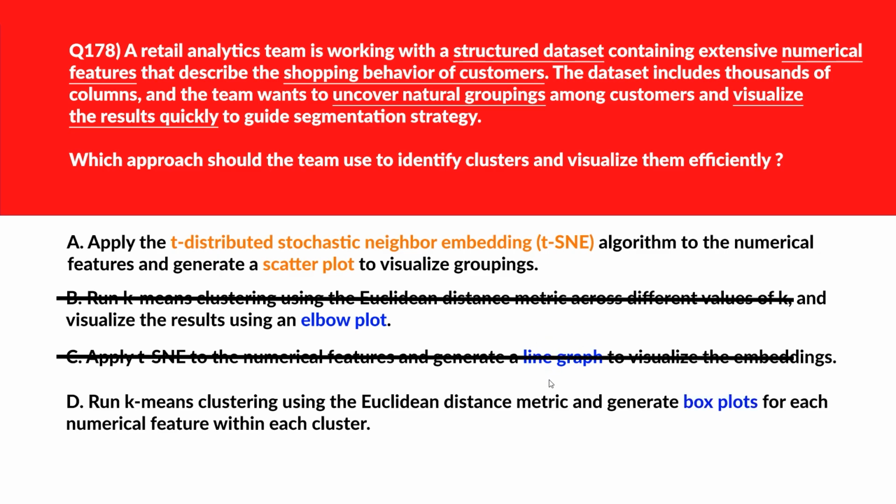We'll now move to option D. D says run k-means clustering using the Euclidean distance metric and generate box plots for each numerical feature within each cluster. Box plots offer statistical summaries but are slower and less intuitive for initial cluster visualization. Wrong answer. We'll lock option A as the correct choice.